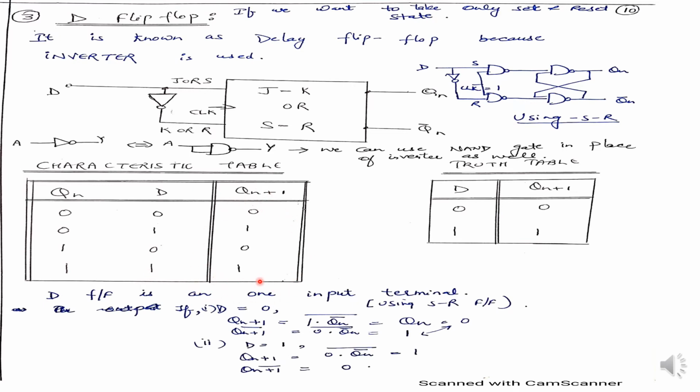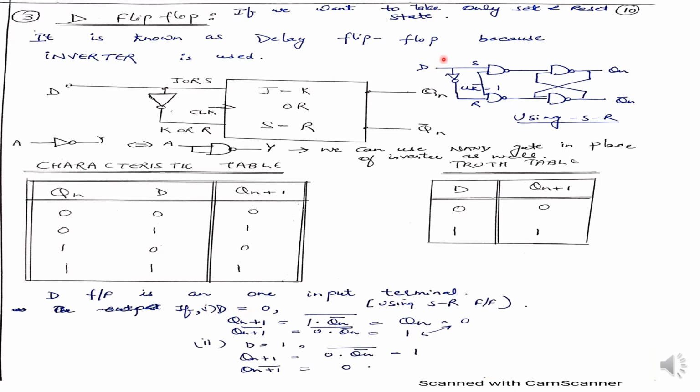Okay, so we have to determine here the next state, as in all of the flip-flops we have done. Now we can again find the Qn plus 1, as in all of the flip-flops we have found out. We have to find this Qn plus 1 here. So what will be Qn plus 1? We will take two cases now.